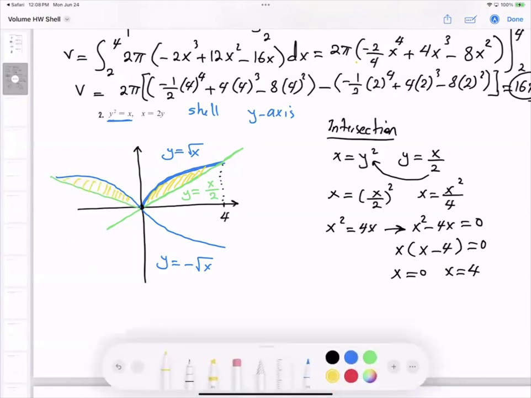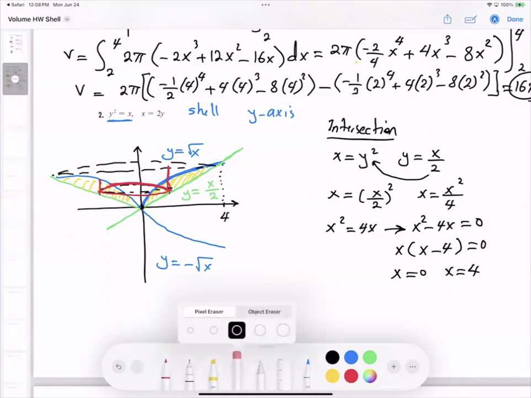Now we're going to apply the shell method. So this is just a revolution about the y-axis. So if you think about this as small shells or cylinders, this is a typical base for your cylinder, right? You assume this is like this. So let me just erase this little part.